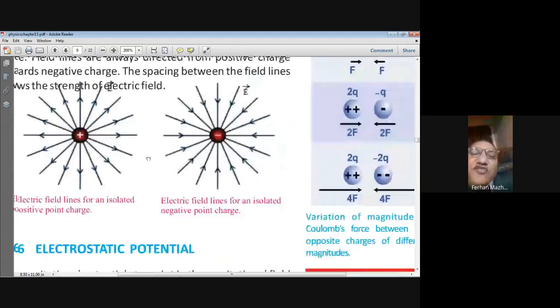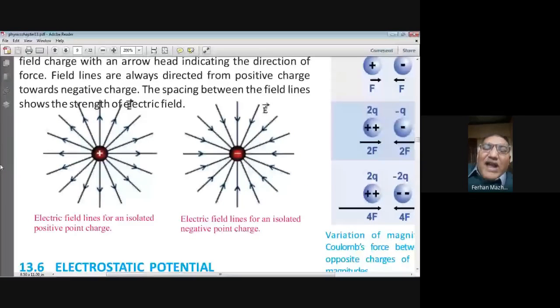Why do we draw these imaginary lines in physics? They are not there, but we imagine them because by using these imaginary lines, we are able to describe or explain the behavior of charged bodies when they are around each other. For example, if you bring two charged bodies close to each other, they start attracting each other, or they might start repelling each other.